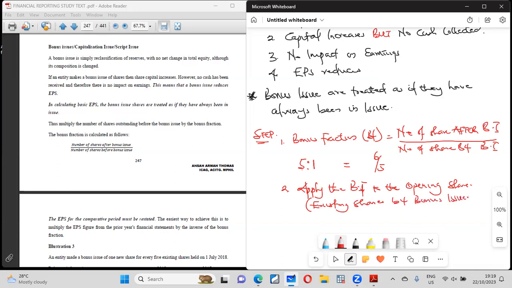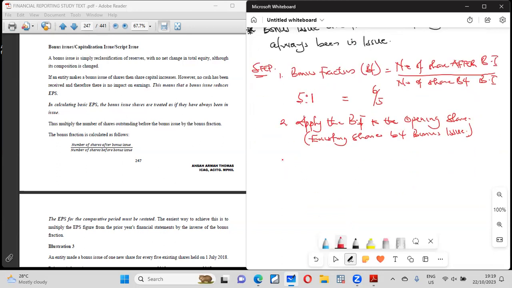All right. So that is that. Step 3 is to calculate your normal earnings per share.